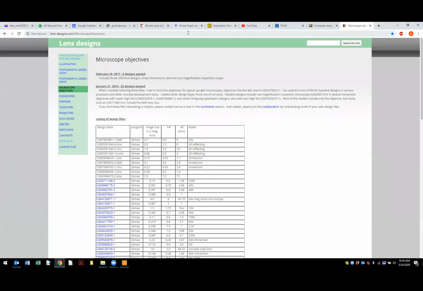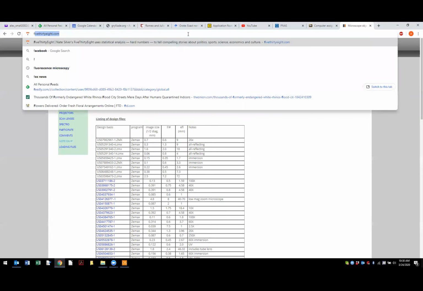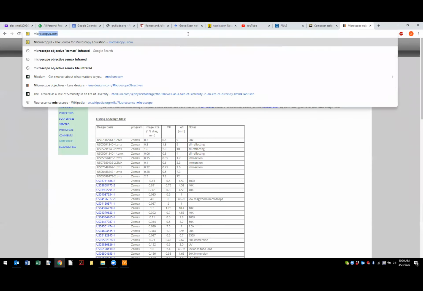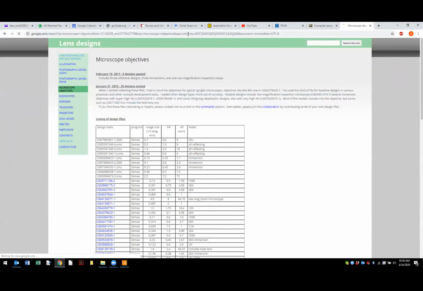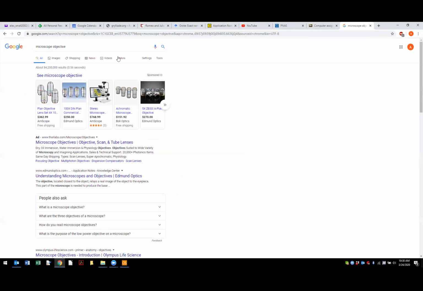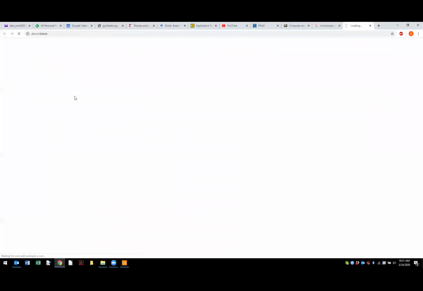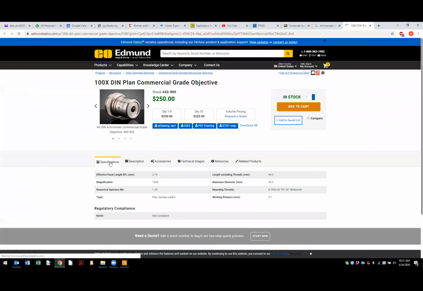So let's get a feel for this. Microscope objectives. When you buy a microscope objective, you will never see what's on that Zemax screen.